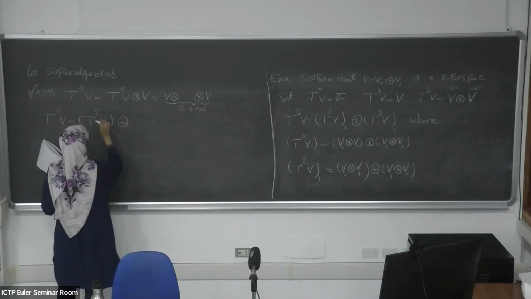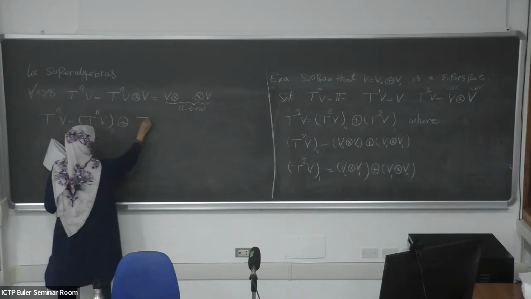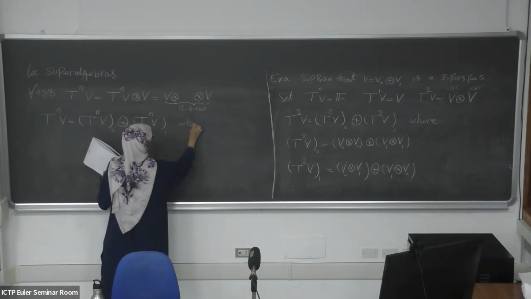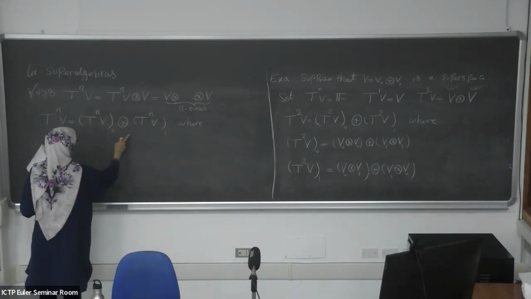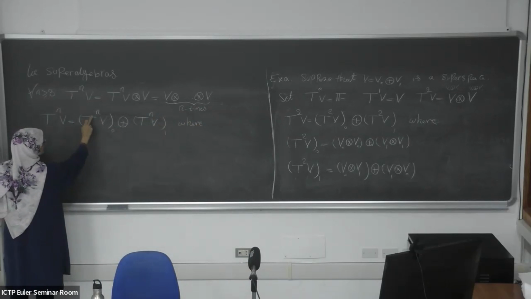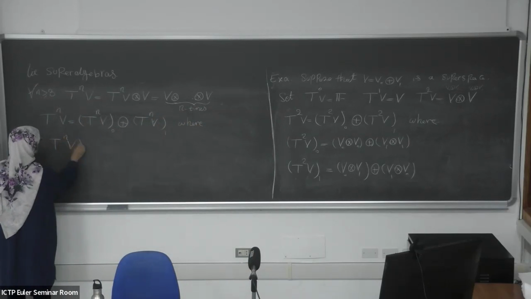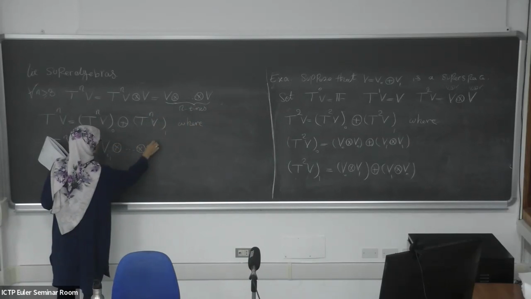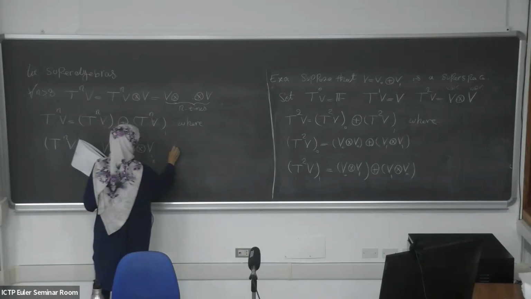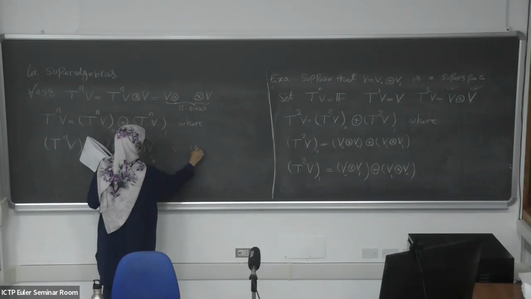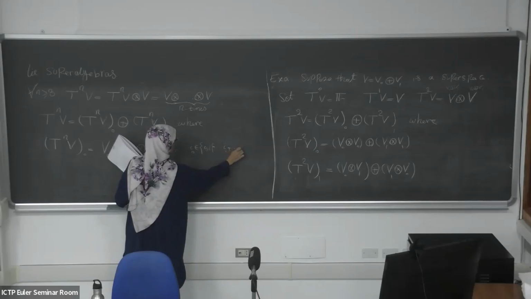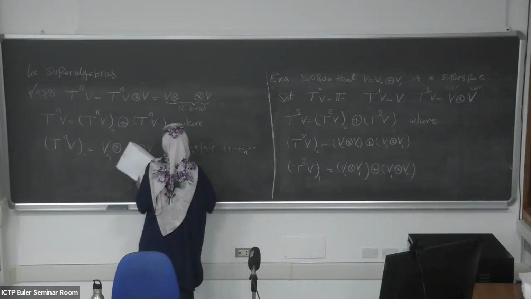T^0 V is the field, T^1 V is V, and you can realize what is T^n V_0? T^n V_0 is just the sum of V_{i1} tensor ... tensor V_{in}, where i1 up to in are elements of {0, 1} and their summation is 0.